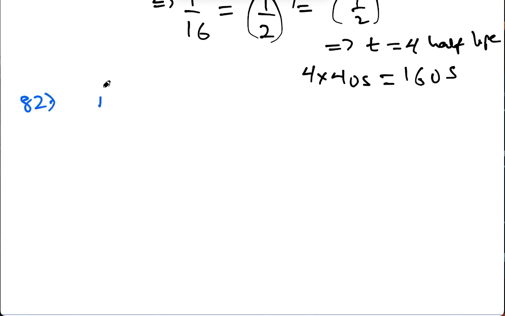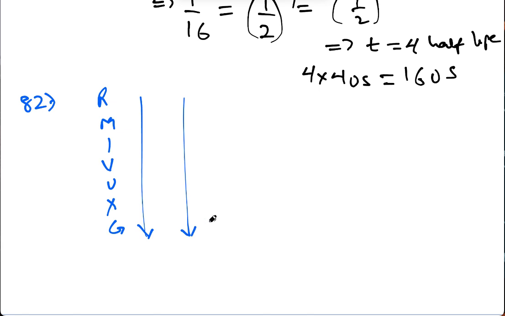The question is talking about the electromagnetic spectrum, which is R M E V O X G. What happens is that as you're going down, the wavelength is decreasing, but as you're going down, frequency is increasing. So wavelength decreases downward, but frequency increases.